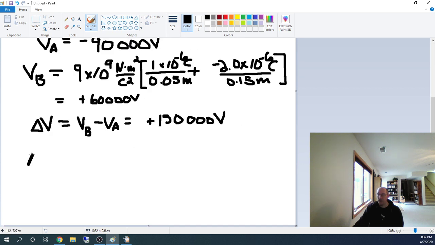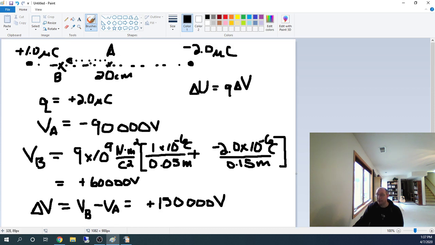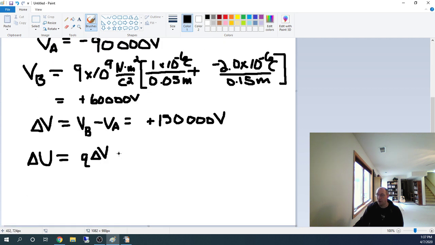Now the change in the electrical potential energy is Q times delta V as usual. Which Q are we talking about? It's the charge that is moving from point A to point B. And it was a positive charge. It was a positive 2.0 microcoulomb charge.